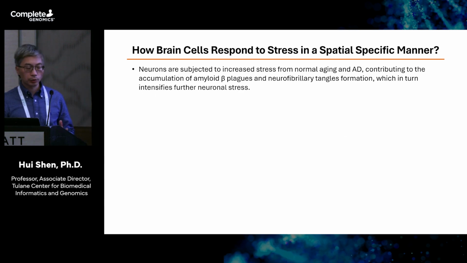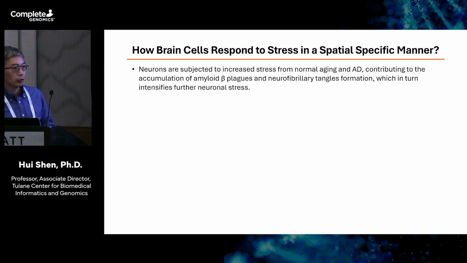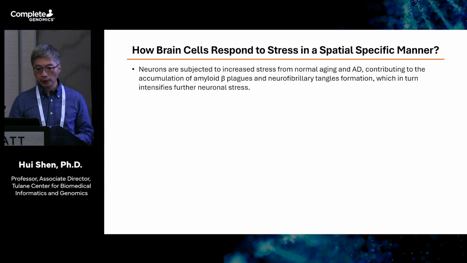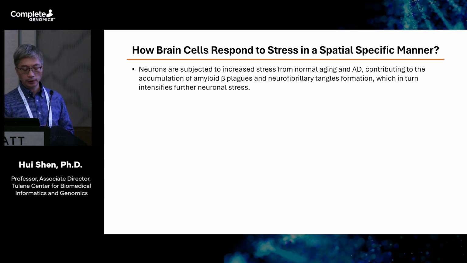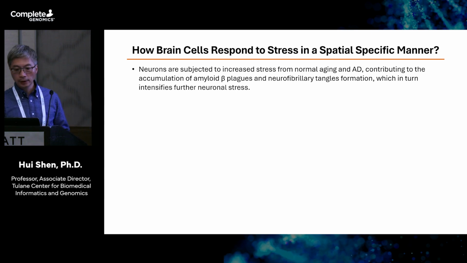Next, we switch to a different question. We know that during normal aging as well as in AD, brain cells normally become increasingly vulnerable to oxidative stress and inflammation, and this contributes to the accumulation of amyloid beta plaques and neurofibrillary tangles, which in turn intensify the neural stress and cause neurodegeneration.